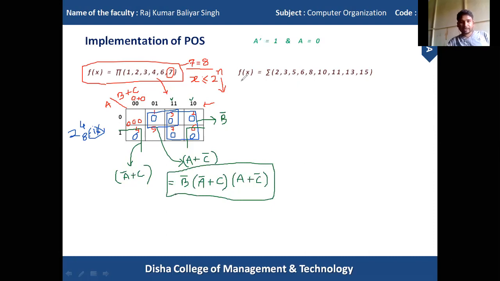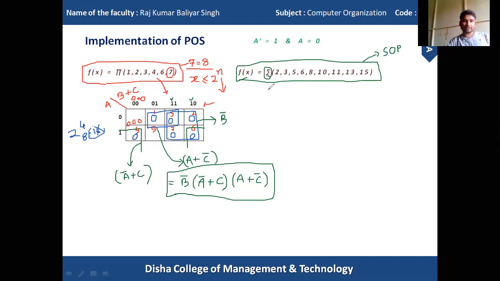So we can have a Boolean function like this. Exactly this function is written in SOP. This function is represented with SOP. We can convert this function to POS just by changing this symbol.